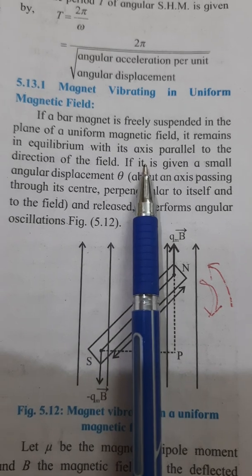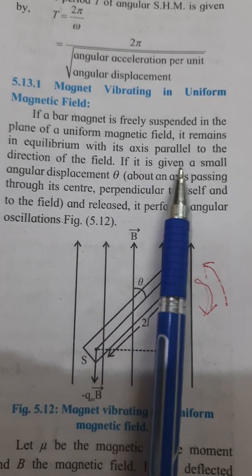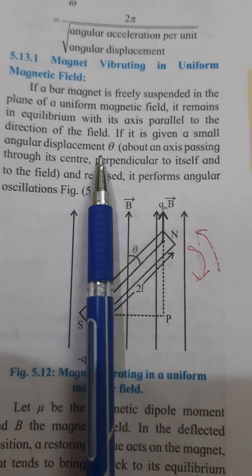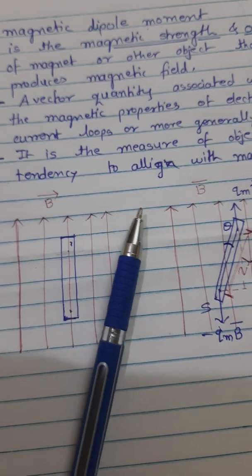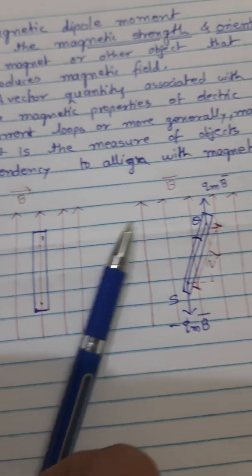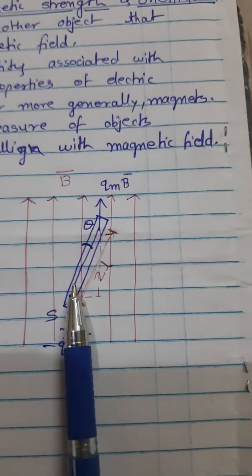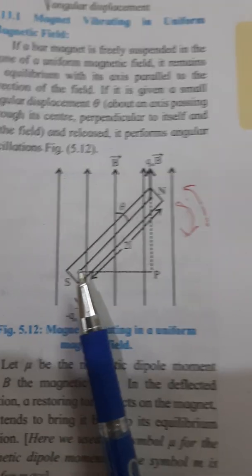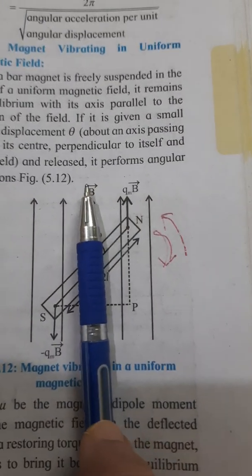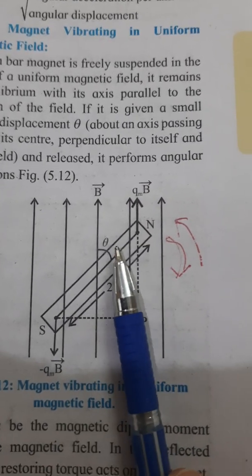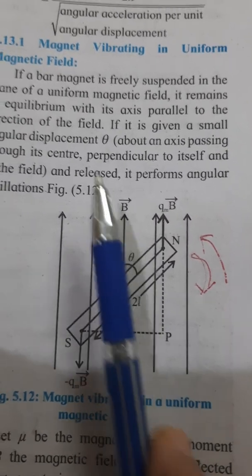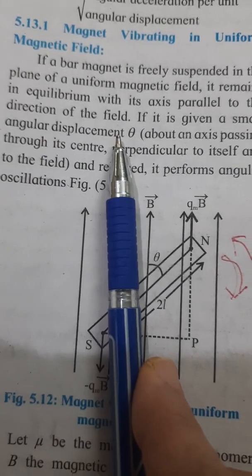Now, if it is given a small angular displacement theta, initially the magnet is like this, and then it is slightly displaced, as drawn in this diagram. Here theta is indicated, which is known as the angular displacement of the magnetic axis.